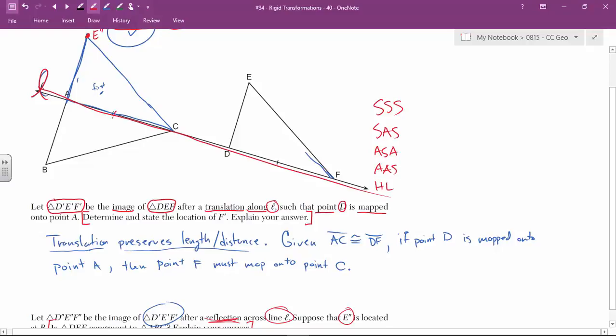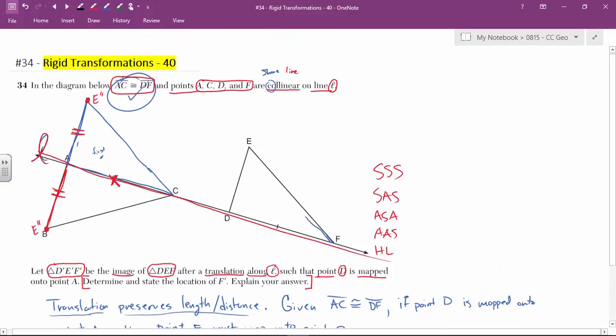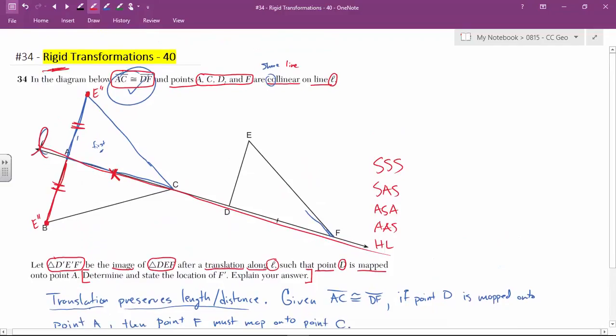When we reflect, E lands on top of B, so this red length is congruent to that blue length, because reflection is a rigid transformation and size is preserved.